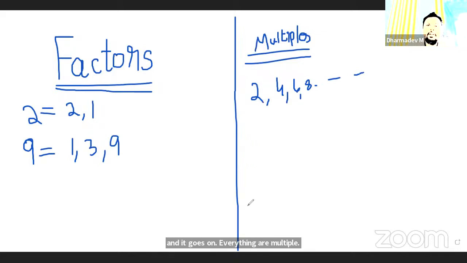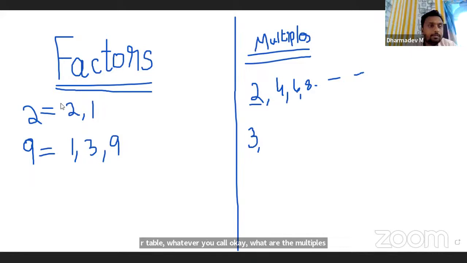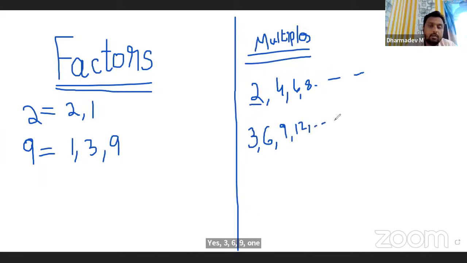So let's say times tables or tables, however we call it in our countries. What are the multiples of 3? When I say the multiples of 3, that means the next numbers in the 3 times table. Yes, 3, 6, 9, 12, and it goes on.